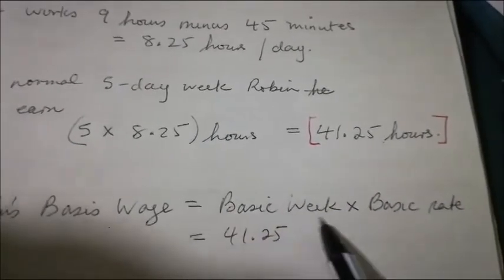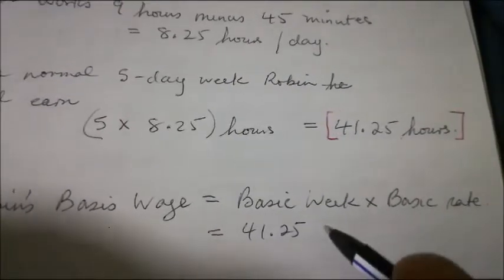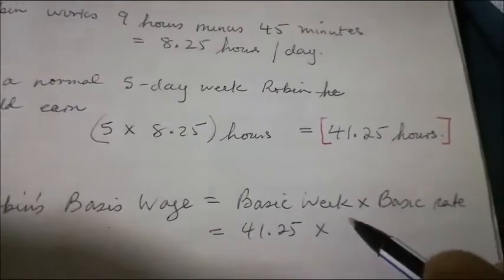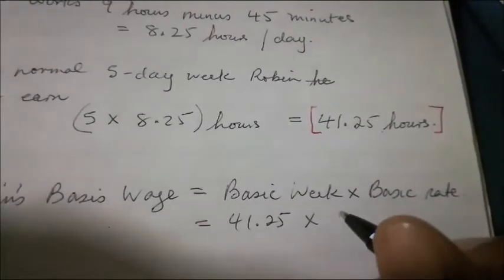So what they call the basic week is really the amount of hours you put in for the week. Same difference, right? And you multiply that now by $7.25.